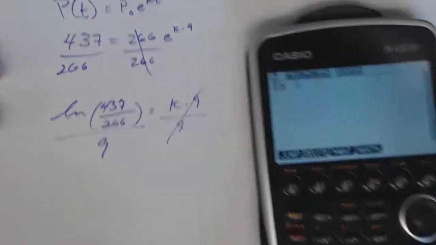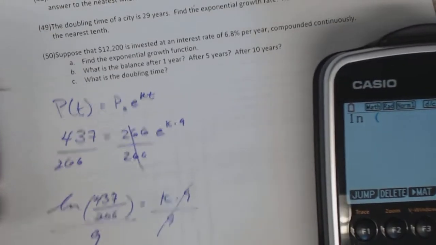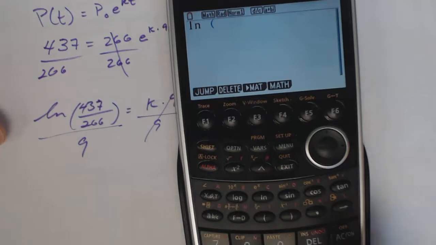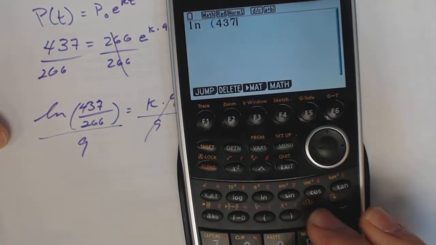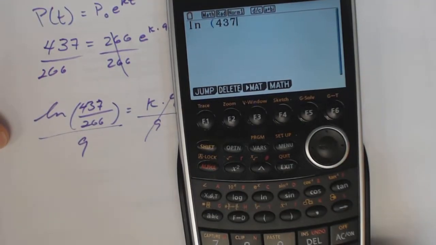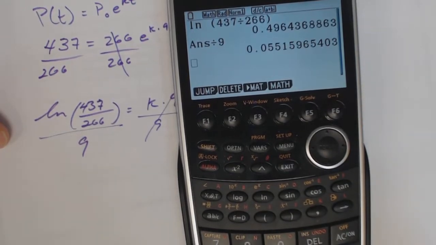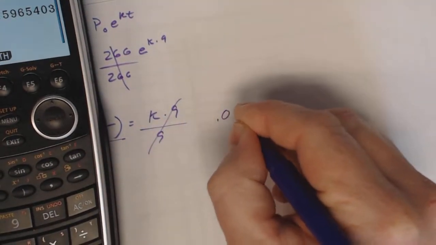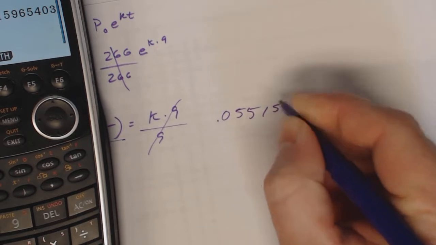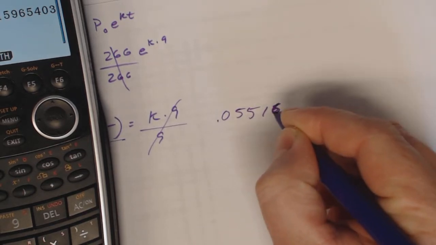Natural log of 437, I got my numbers right, 437. Put in parentheses this time. Divided by 266. Then divide that by 9. 0.05515. Well, 56 if you round that spot right there.